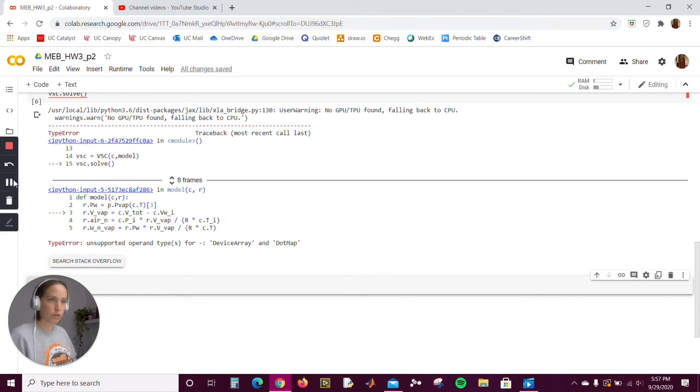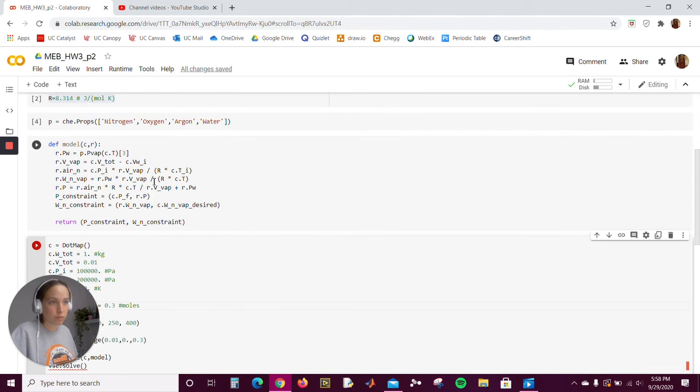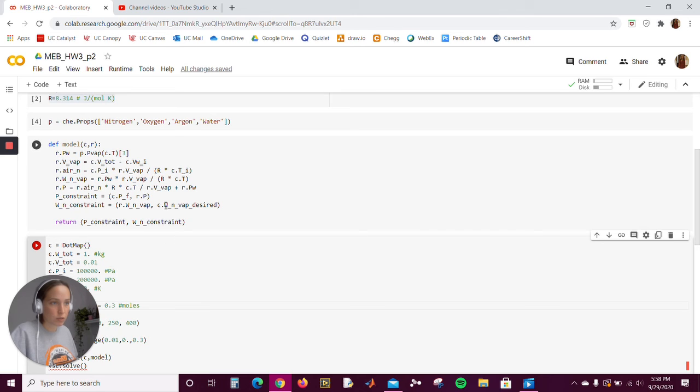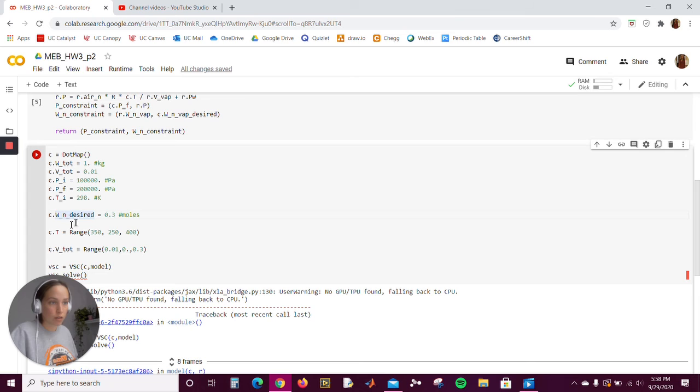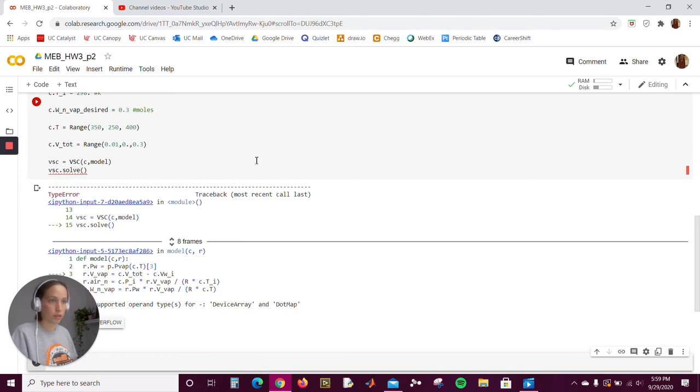And let me look through this really quickly. One of the first things that I noticed is that I wrote this variable name incorrectly, which is something that I am guilty of often. So it needs to be an underscore vap underscore desired. I'm gonna try to run that.